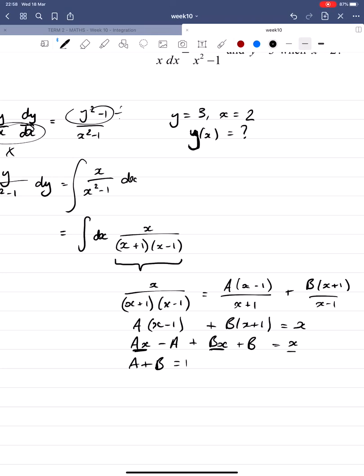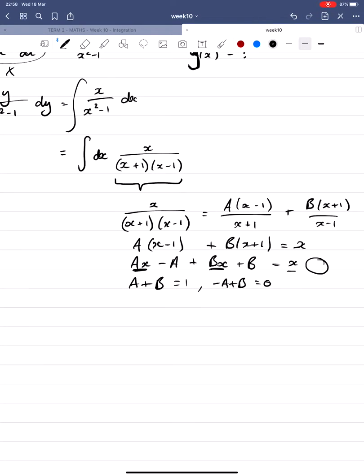And since there's no just number here, that means that minus a plus b needs to be equal to 0. And these I can solve. I can see that a needs to be equal to b from that equation, which means 2a is equal to 1, or a is equal to a half.